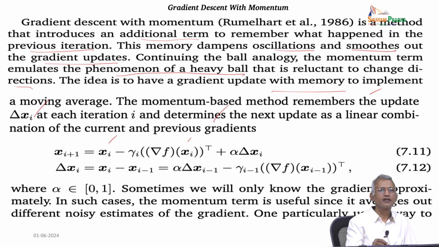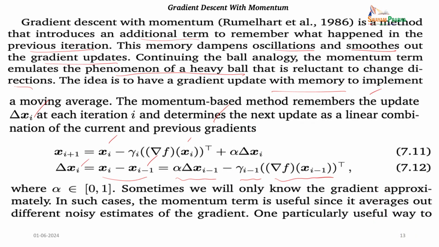From this, delta xi equals xi minus 1, this is the step size of one step back, and substituting xi from the previous one, we have alpha into delta xi minus 1 minus nu i minus 1 into delta f of xi minus 1 the whole transpose.